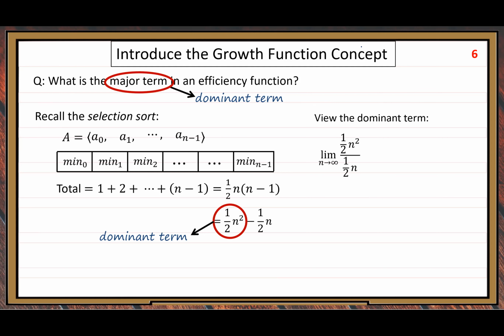But here I just want to explain why the first term dominates the second one, using the limit. In calculus, you know how to calculate a limit. We take the ratio of the first term to the second term when n goes to infinity, and find the limit. After simplification, this limit is infinity.